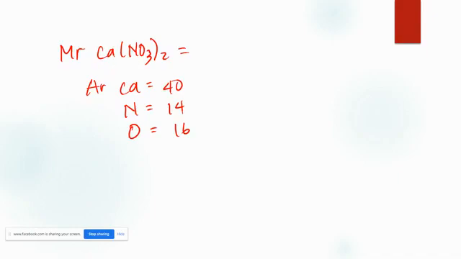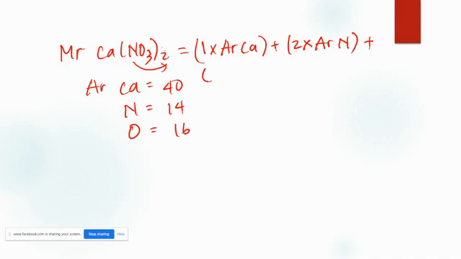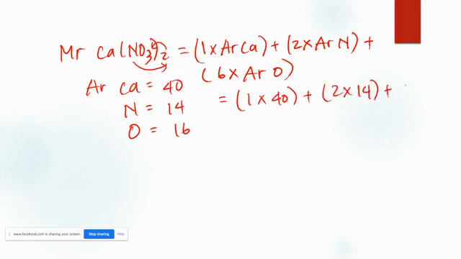We have 1 calcium atom here, so 1 times AR of calcium plus we have 2 nitrogen atoms here, so 2 times AR of nitrogen plus we have 2 times 3, 6 oxygen atoms here, so 6 times AR of oxygen. 1 times 40 plus 2 times 14 plus 6 times 16.